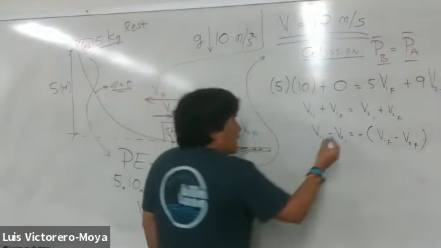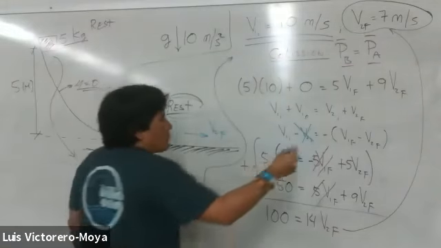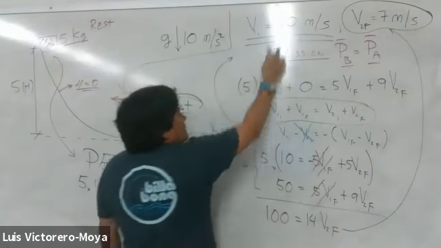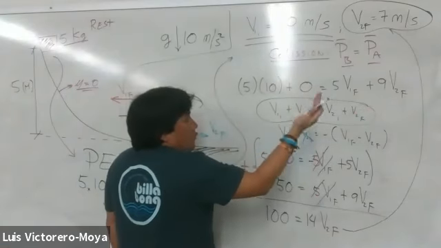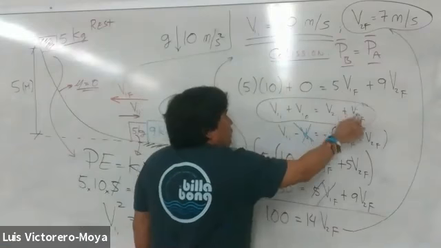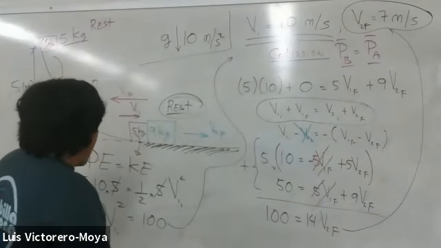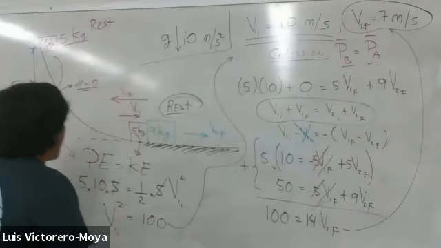Is that the end? No. I need to find V1 final. And I have everything. I can use this equation. V1 initial is 10. V1 final is what I want. V2 initial is 0. V2 final is 7. So clearly, let's do it on the other side.